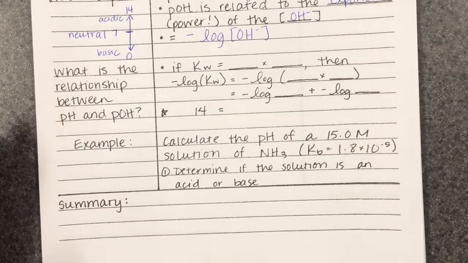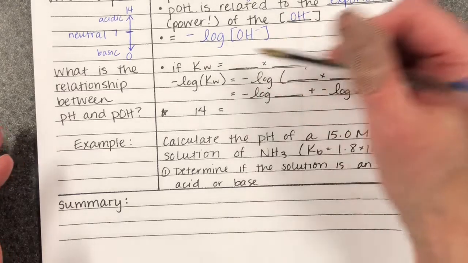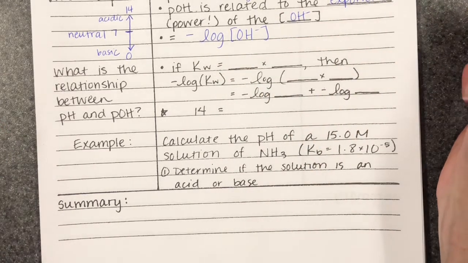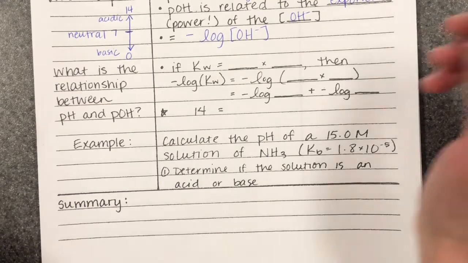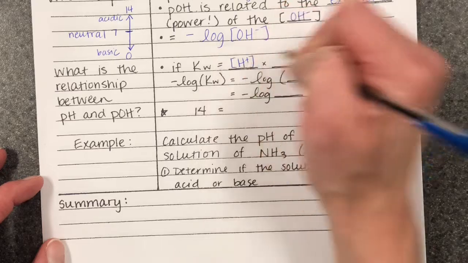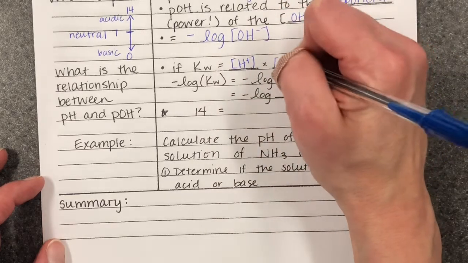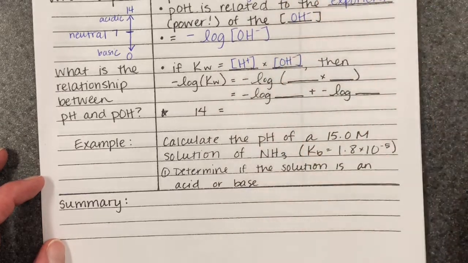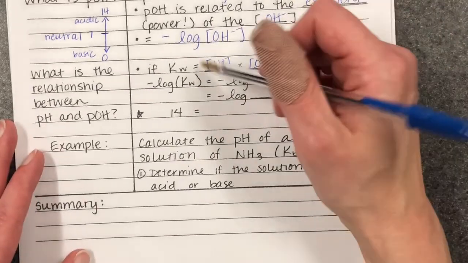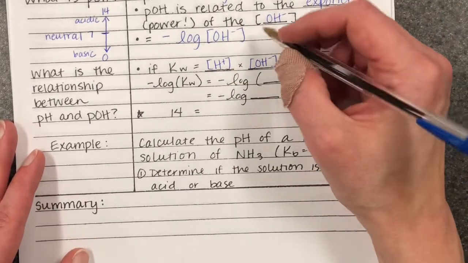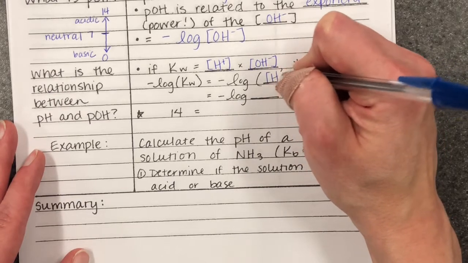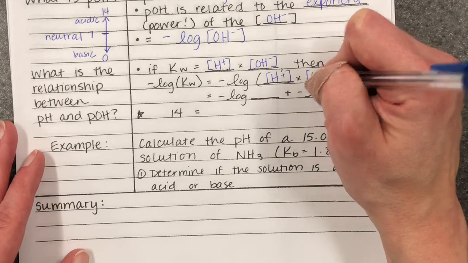The relationship starts off with a familiar equation. We know that Kw is equal to the product of our hydrogen or hydronium concentration and hydroxide concentration. And if I negative log that, I would have to negative log both sides, so that would be the negative log of hydrogen times hydroxide.